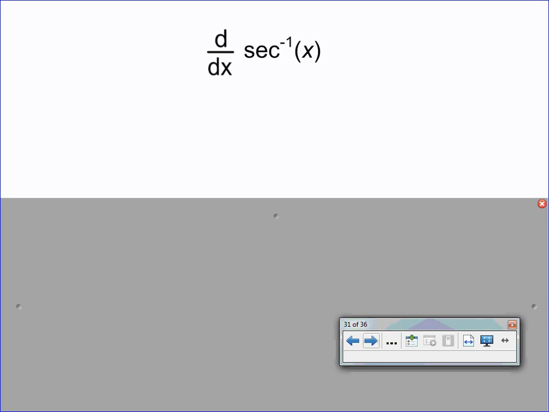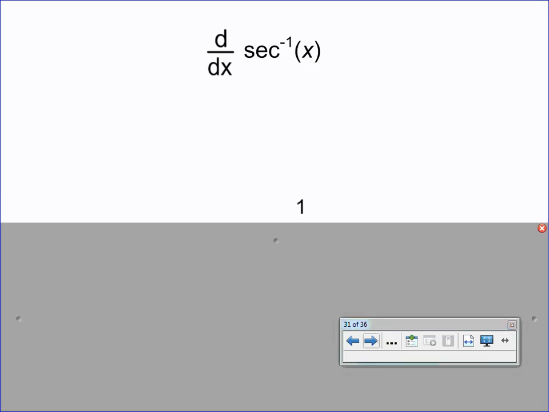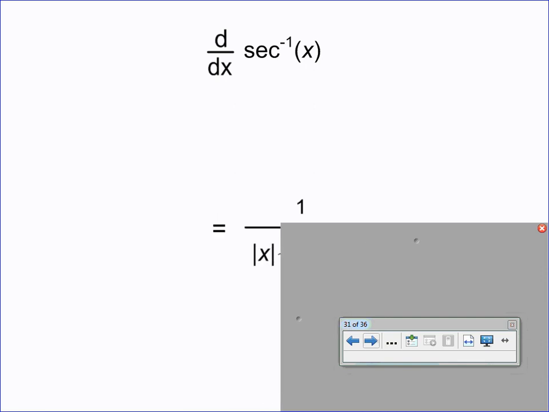Derivative of inverse secant of x. So we're going to have 1 over the absolute value of x times the square root of x squared minus 1. Very nice.